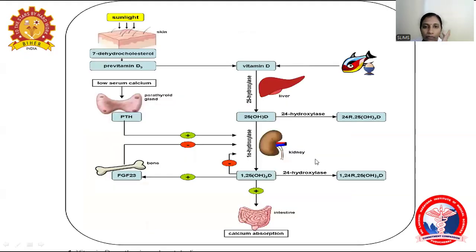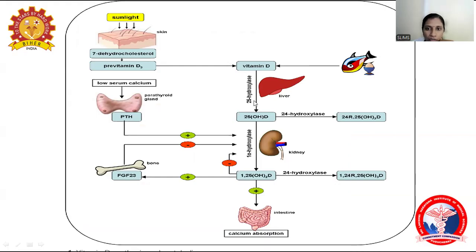Here is another pictorial depiction of the same, for you to understand better. Again, we have 7-dehydrocholesterol, which is pre-vitamin D, acted on by sunlight and dietary sources to become vitamin D, or directly vitamin D through food.